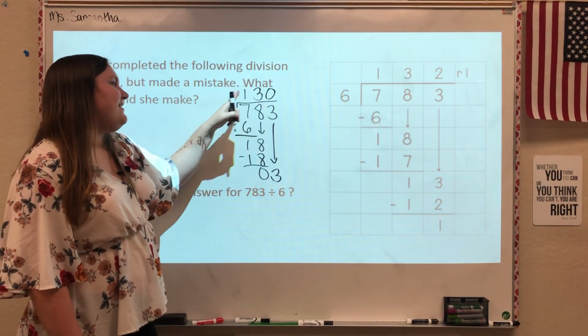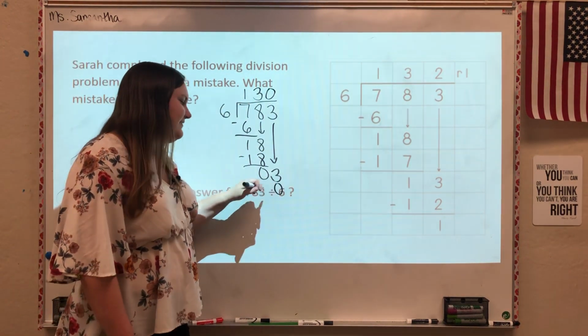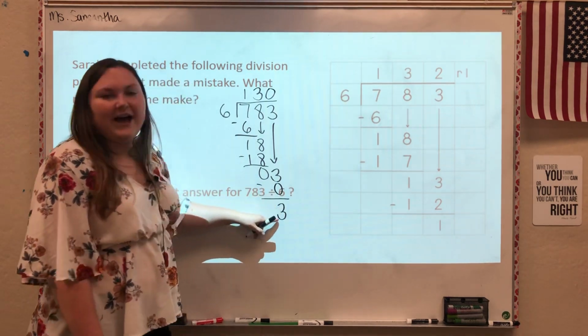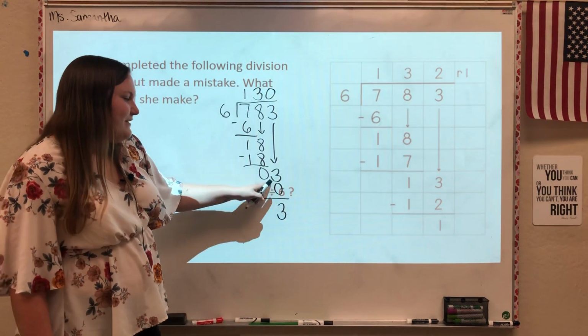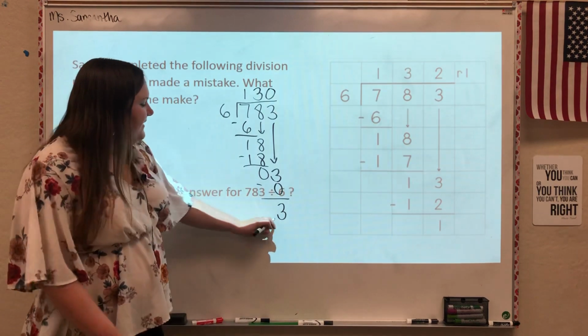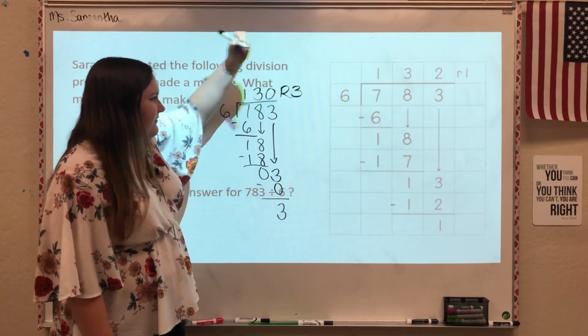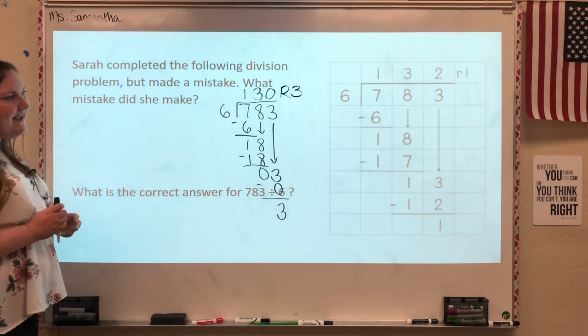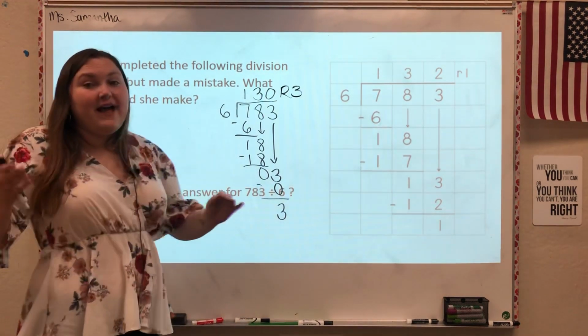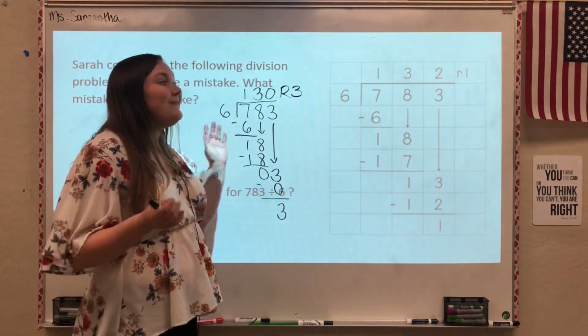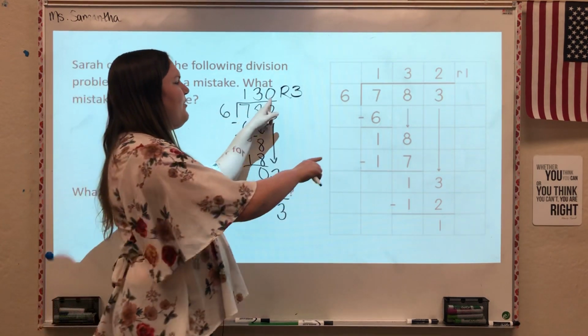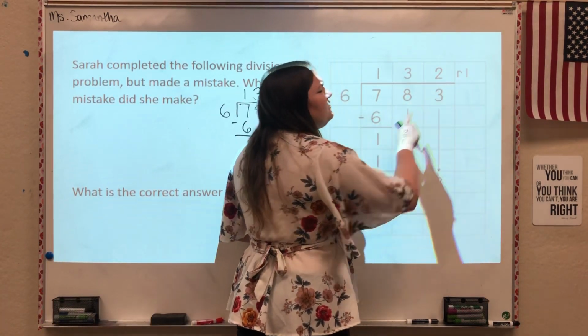We can say 0 times 6 is 0, which means you've got a remainder of 3. You got a remainder of 3 because it didn't go in those 3. So we can come up and then say remainder 3. Now looking at my answer and her answer, I see we got different things. So that already is helpful for me to figure out, well, where did we do different things?